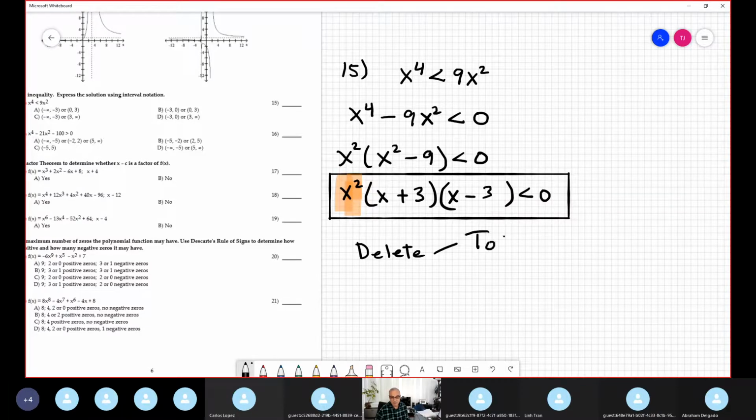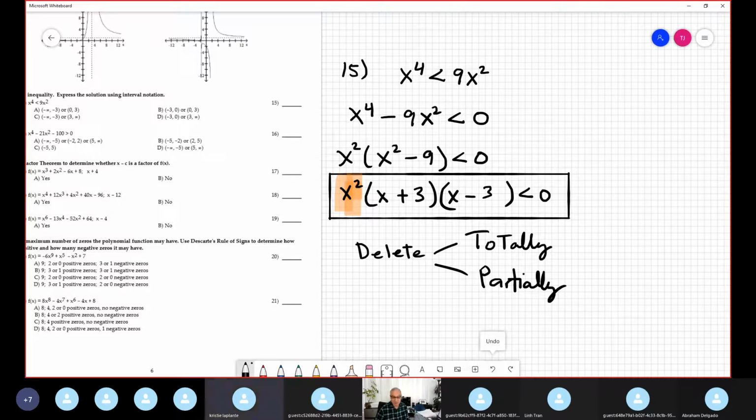Totally or partially? You remember that or no? To clarify, when it's without the equal sign, is it partial? I don't remember, but it depends on the sign. No, when you have an equal sign, here, you can totally delete. When you have no equal, it's partial. Okay? It's the only thing that you have to remember, right?